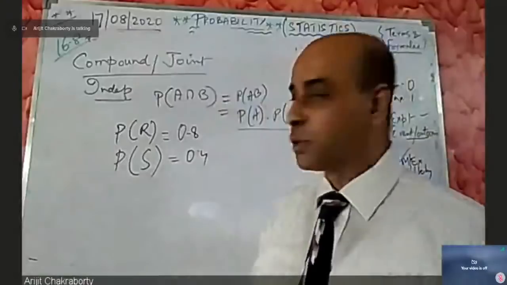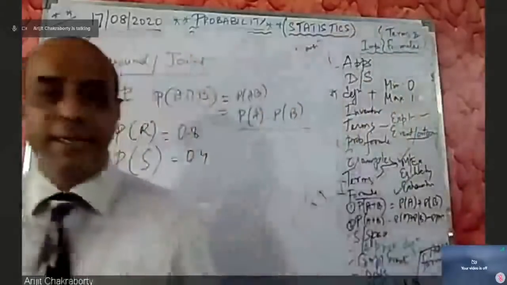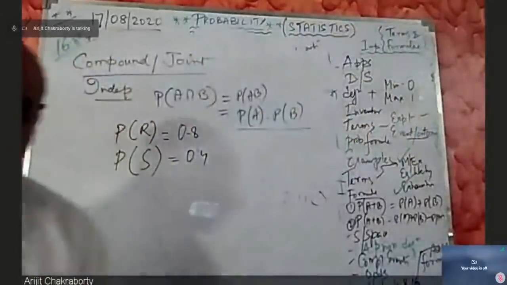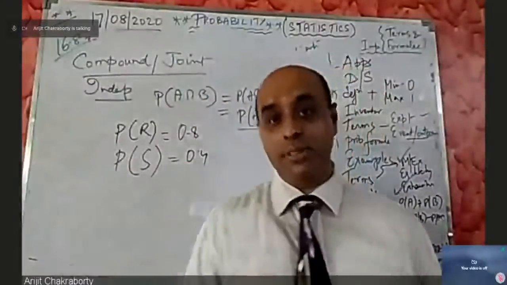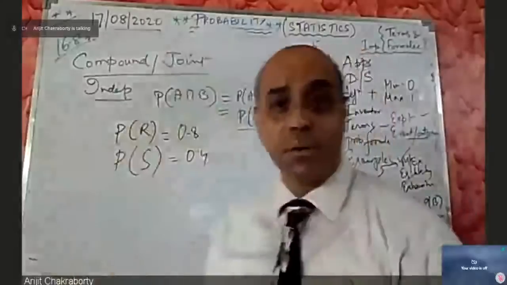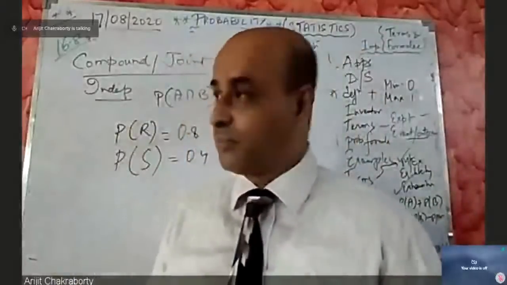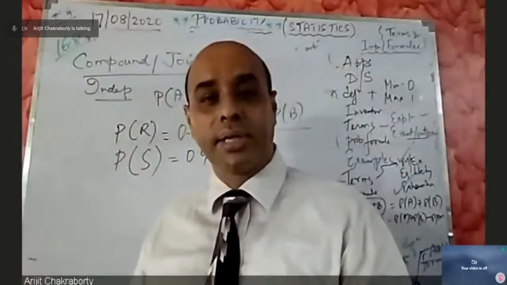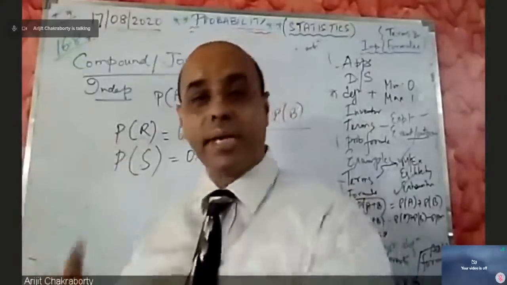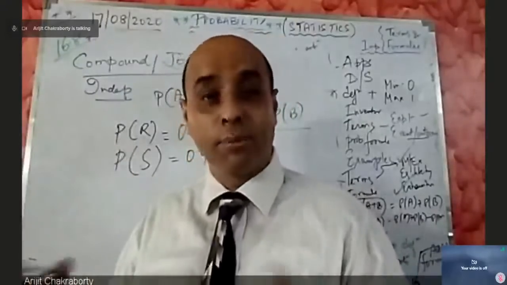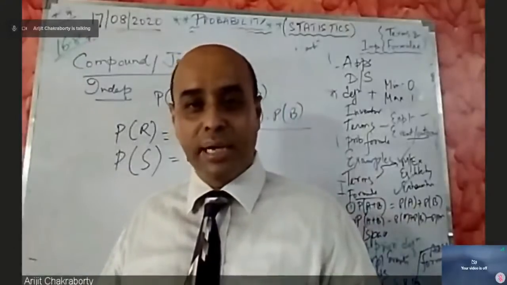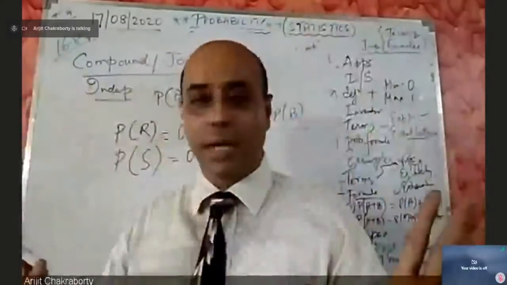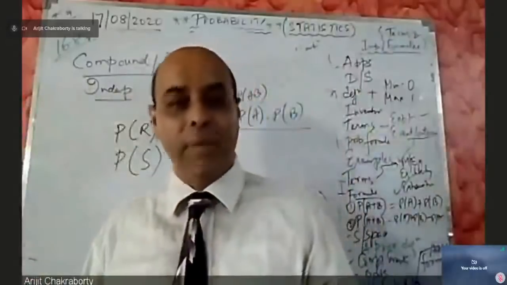So probability of rain and studying, are they linked in any way? I don't think so. Of course, some of you might say that if it rains heavily, or if there is a drizzle, I feel like watching the rain. Some of you may write poems, some of you may start singing. But mathematically speaking, we cannot assume that.